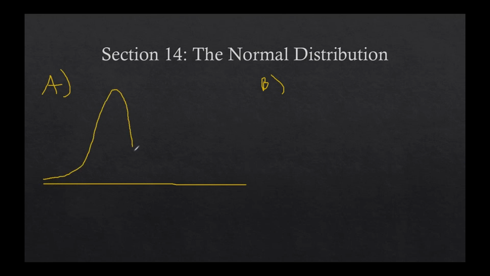But we also get into standard deviation. So we're going to say this is A and we're going to say this is B. So if I have this normal distribution curve and I have this normal distribution curve, they're both symmetrical.